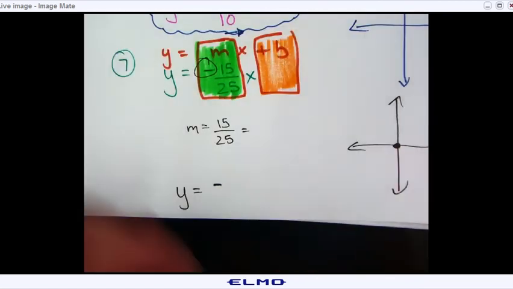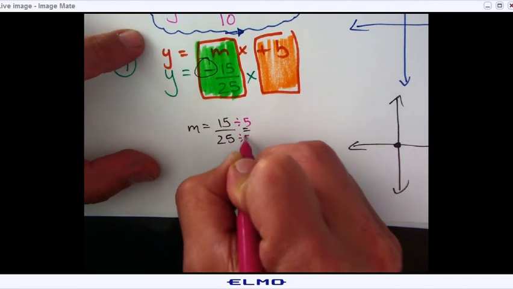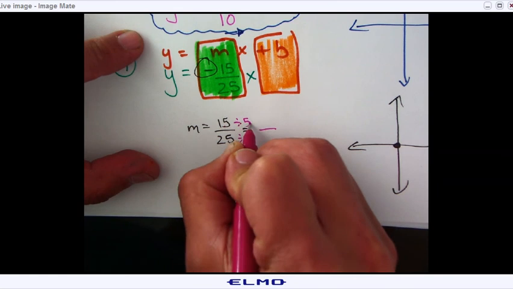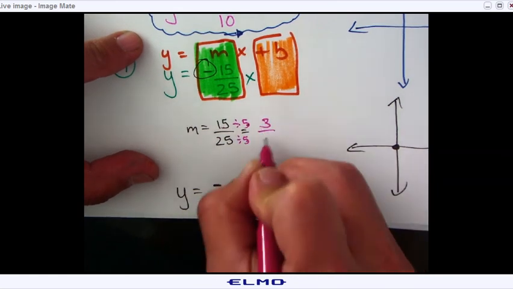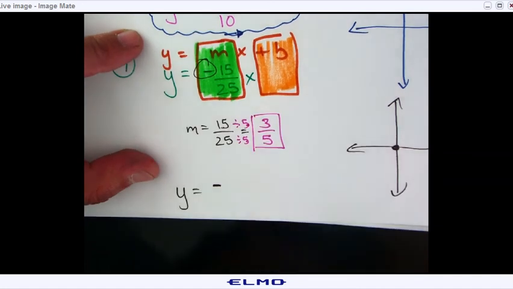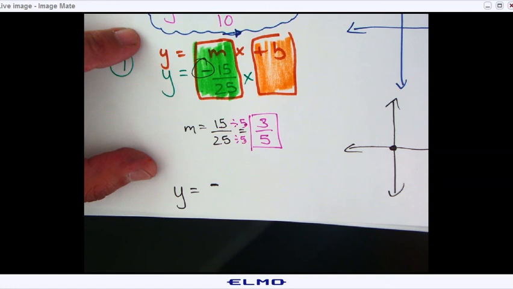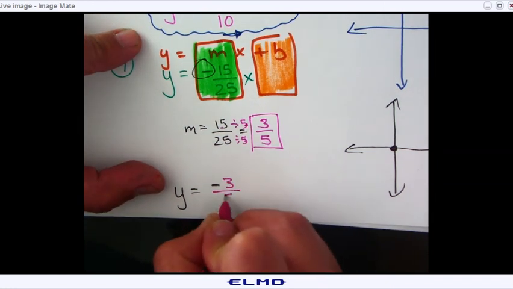Now some of you guys like to divide, so let's see. I could divide by 5, 15 divided by 5, or 5 times 3 is 15, 5 times 5 is 25. And that's as far as I could go. So there's your answer, 3 over 5. But remember, it's negative 3 over 5x.